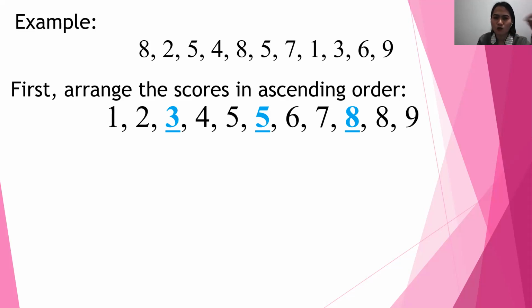So we have 1, 2, 3, 4, 5, 5, 6, 7, 8, 8, 9. And we divide it into 4 equal parts, so we have Q1, Q2, and Q3. The first quartile value is 3, the second quartile, the middle term, is 5, and quartile 3 is 8.